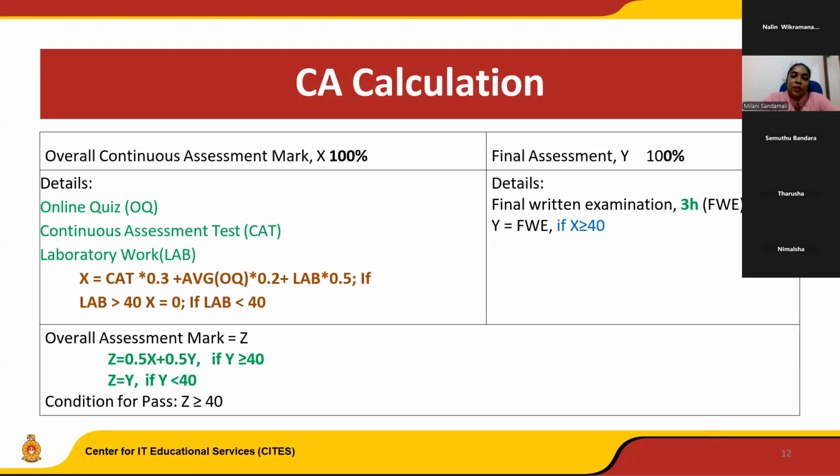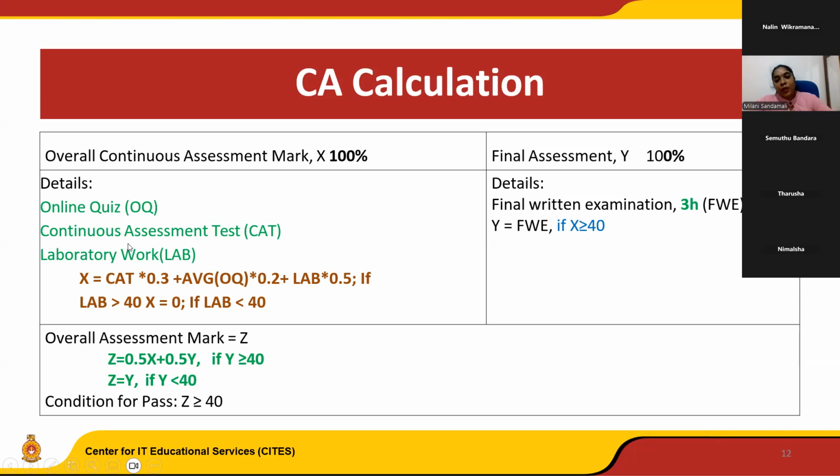So Z is equal to 0.5 times X plus 0.5 times Y. That means both continuous assessment and final exam contribute equally. Okay. Here you can see.